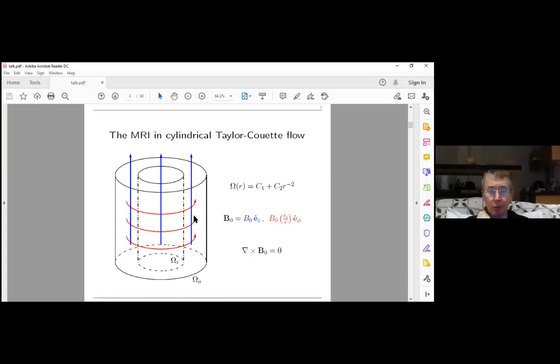This is one of the most fundamental problems in classical fluid dynamics, because when Taylor did this in 1923, that was the very first time that a hydrodynamic stability calculation, a theoretical calculation, actually agreed with laboratory experiments. Before then, mathematicians had done various hydrodynamic stability calculations, but it didn't seem to have any connection with actual laboratory experiments.